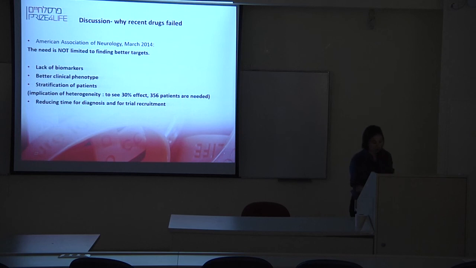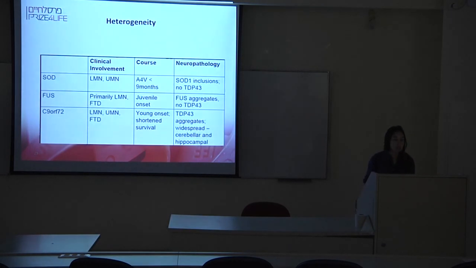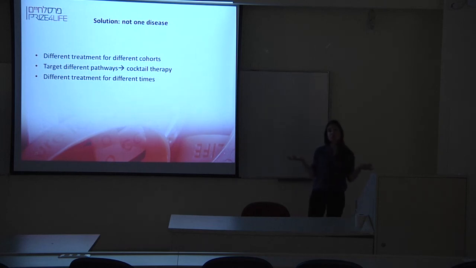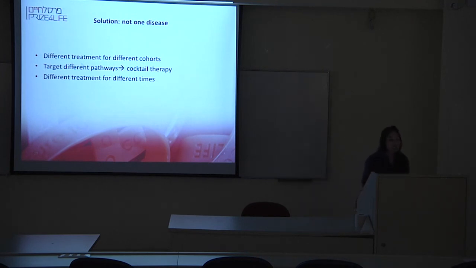So I'm going to try to talk, and then there are also other options. We talked about the different time frames. So maybe treatments would be effective if given very early, for very early patients, but are no longer effective for very late stage patients. Maybe different treatments should be given to late stage patients. Another thing is really the idea of a cocktail therapy.